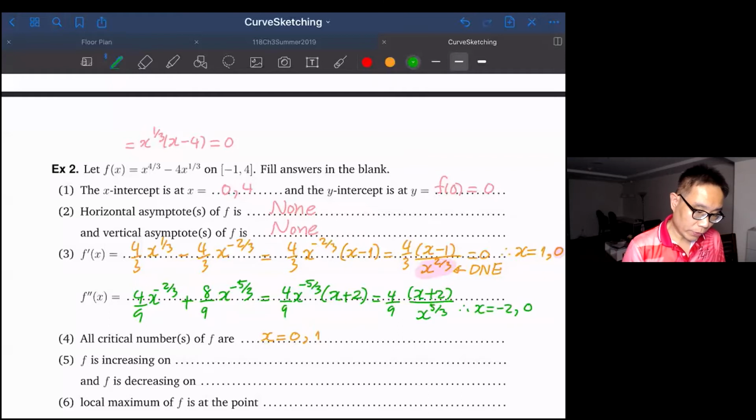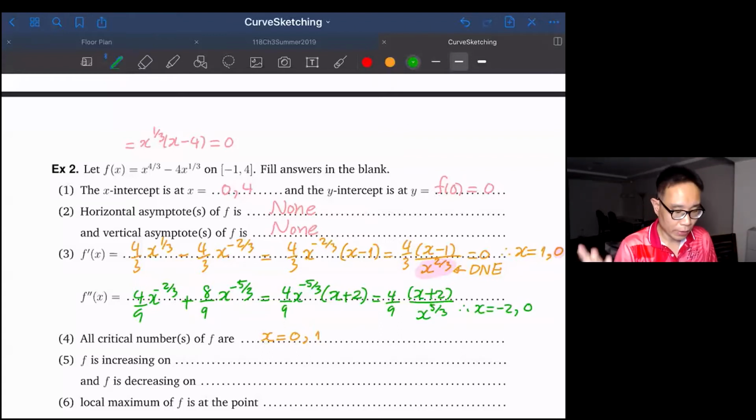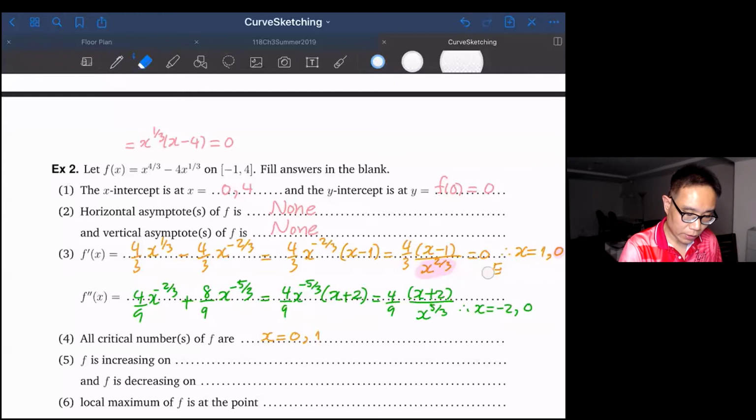The next step will be we're gonna draw a line, and we're gonna have it for the sign of f prime and sign of f double prime. I'm gonna try to squeeze everything down here.